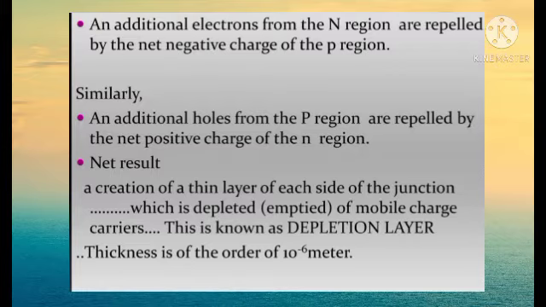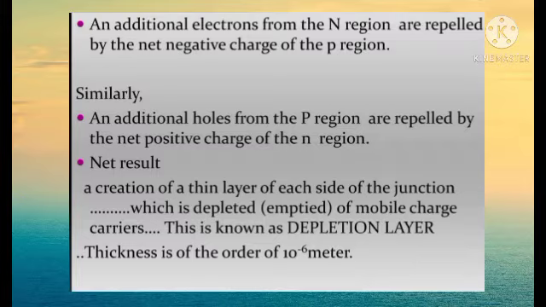Additional electrons from the N region are repelled by the net negative charge of P region. Similarly, additional holes from the P region are repelled by the net positive charge of N region.